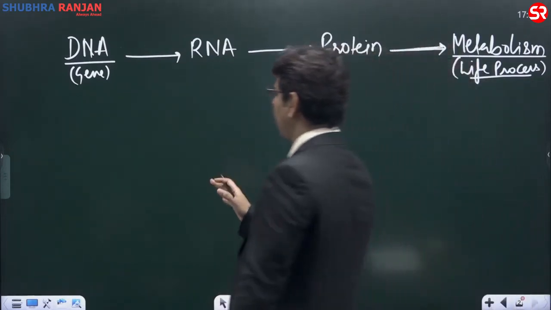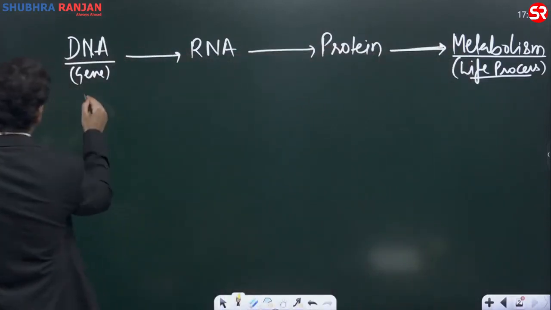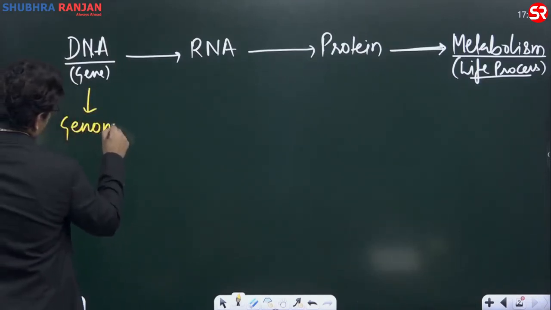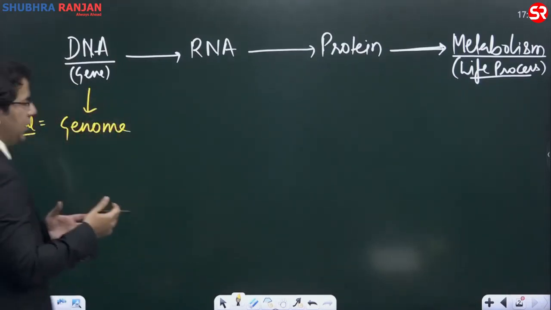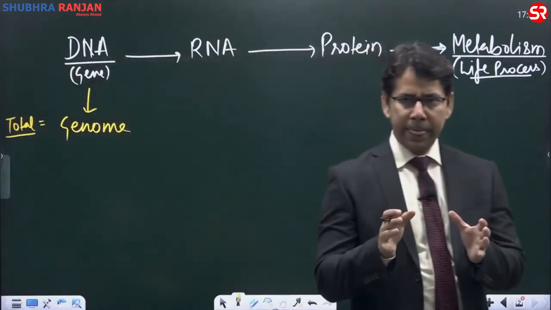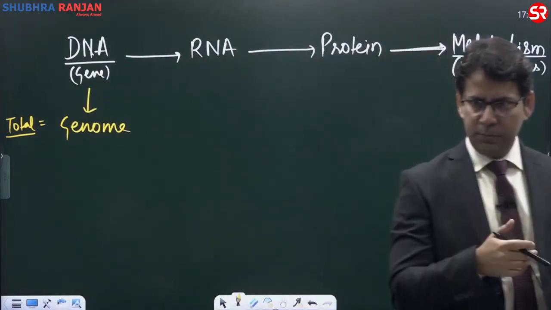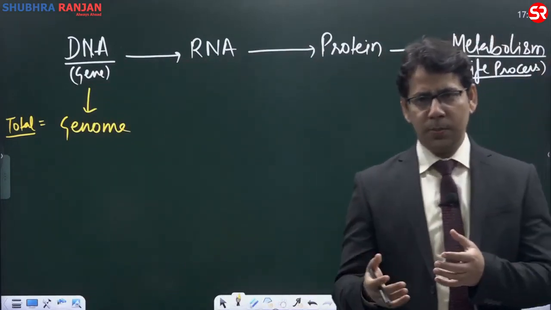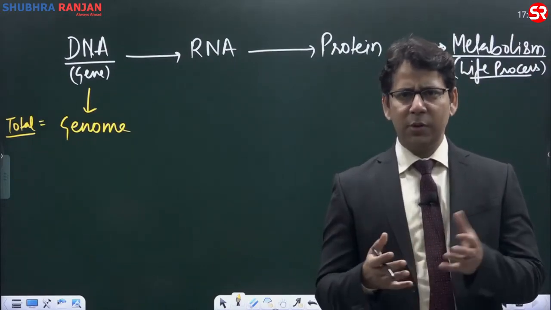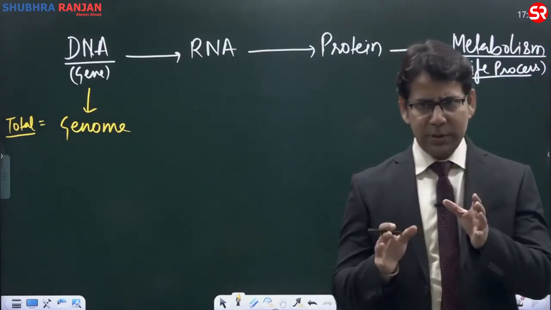Simply, if we talk about the total of it, genes are there, but the total, all of them, that is called what? Genome. So genome is a word that will address the total genes present in any organism. Human genome, 30,000 genes, rice genome, elephant genome, ant genome, chimpanzee genome, whatever you want to say, you can simply say. Genome is a word.